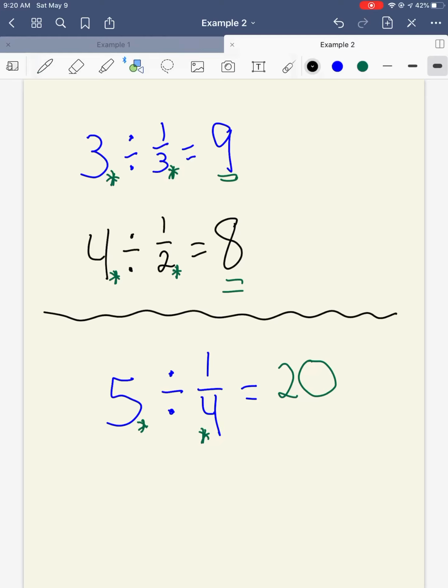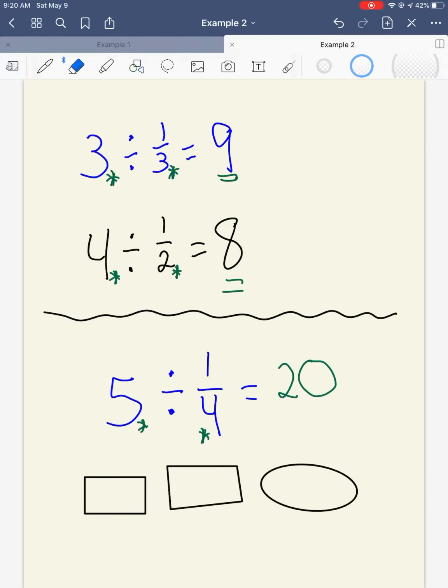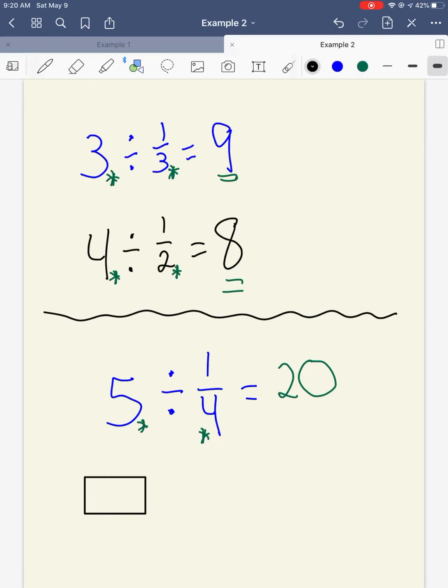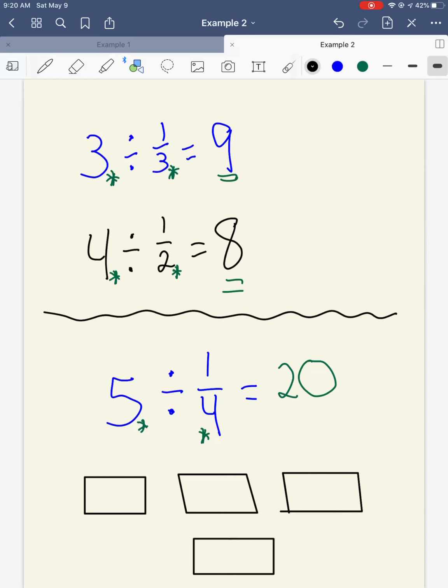Now, does that check out? Like when we try to visualize, ooh, there's a nice rectangle. Holy cow. Let's start over. I'll try to go a little slower here. So we're going to get our 5 rectangles. They're not going to be perfect, but I'm not going to worry about it because we're just trying to make a visual here.